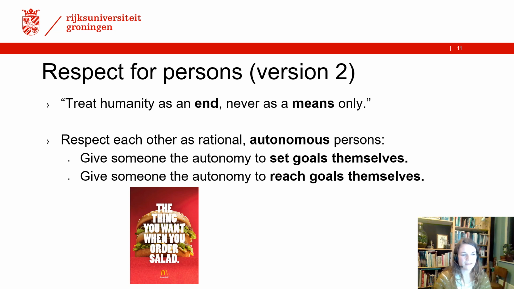Well, what does this mean? Remember that Kant has this view of humans being able to think for themselves, being rational, and that this also gives humans the autonomy to think for themselves. It also gives them human dignity, since we're all rational human beings.